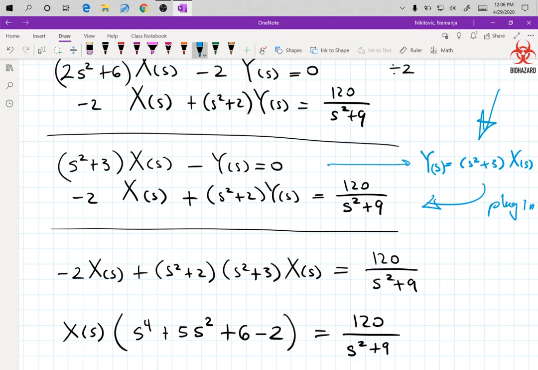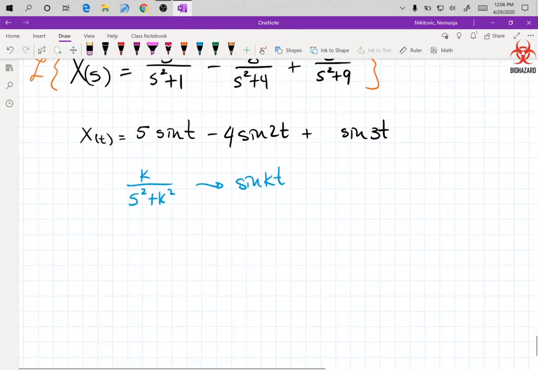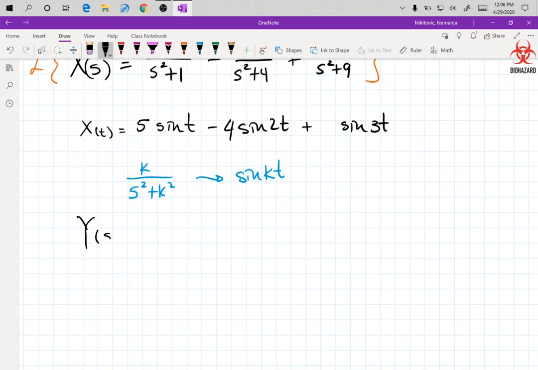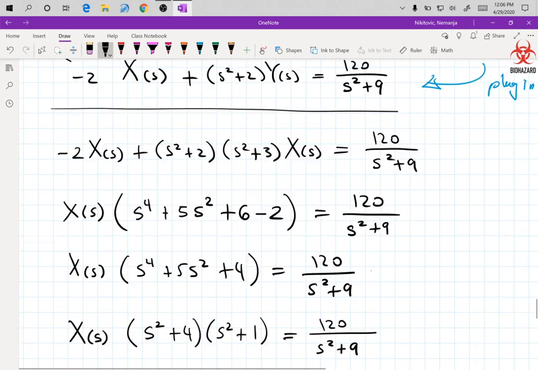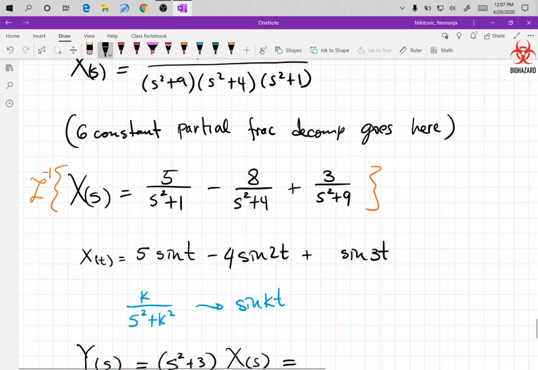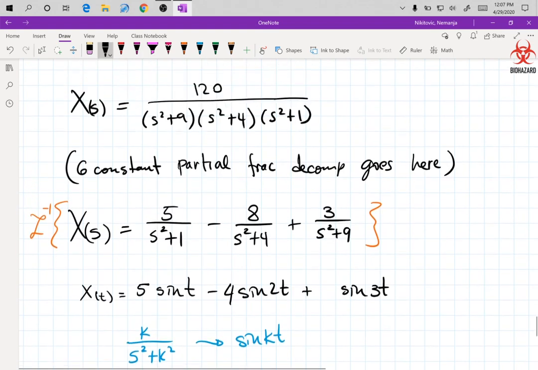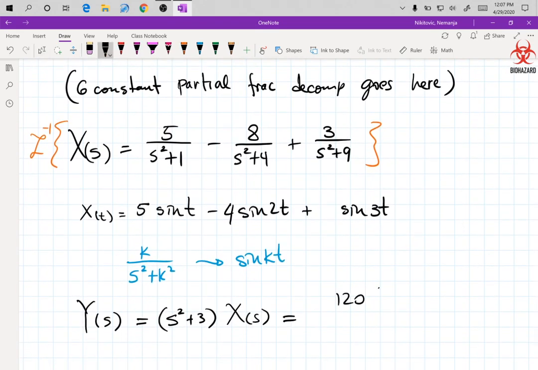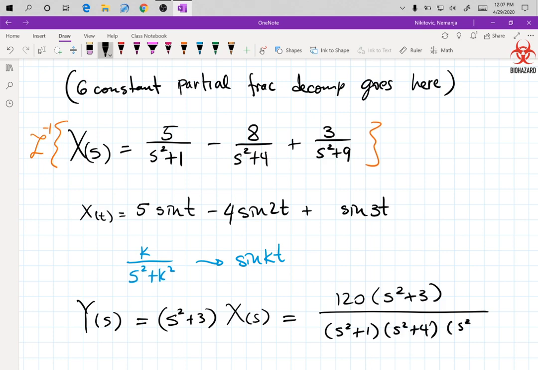So Y of s was s squared plus 3 times X of s, which in our case is 120 times s squared plus 3 divided by s squared plus 1, s squared plus 4, s squared plus 9.